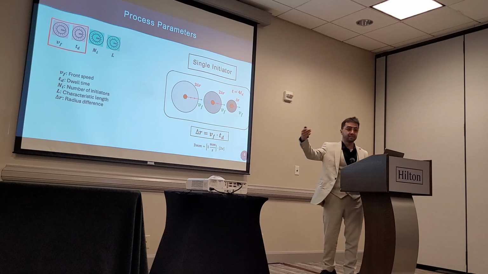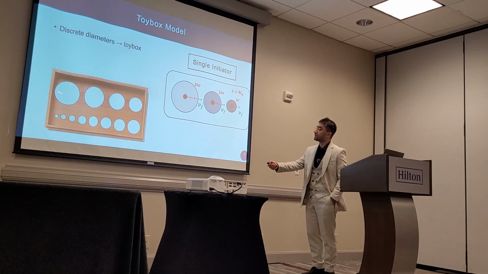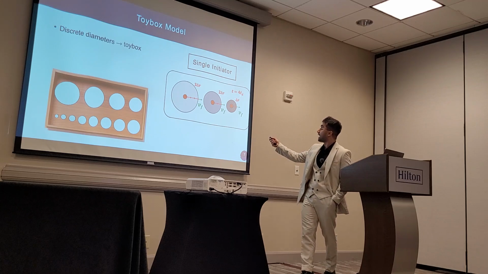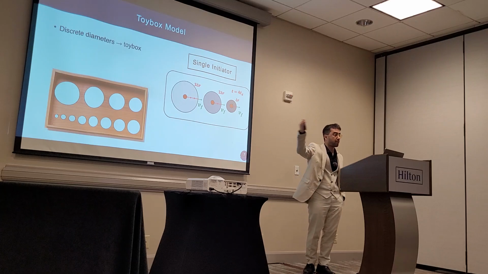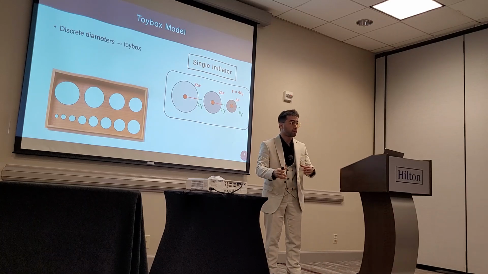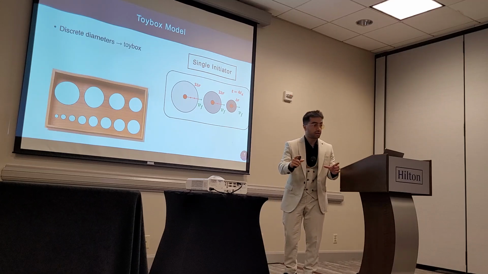So we have this discrete model, right? We have discrete circles, and we can keep doing this. We can increase the number of circles that we have, and we will have a delta R difference for each one of them. We can come up with a toy box model where we put a lot of circles into one box, and then we can play around with those circles to create a nice circle packing.